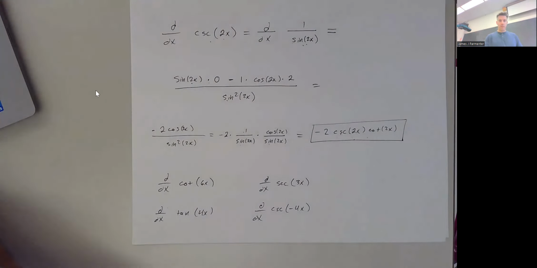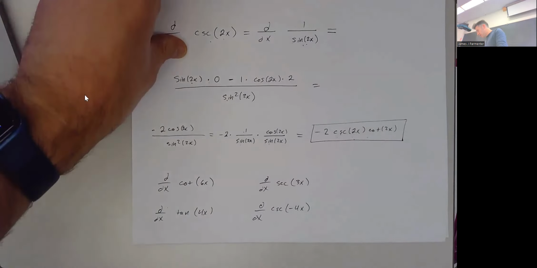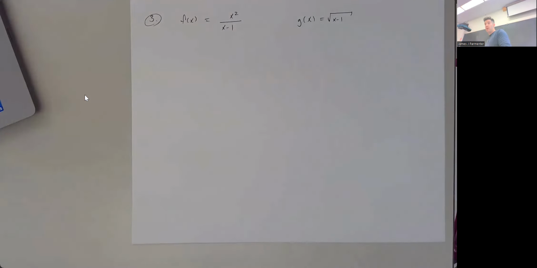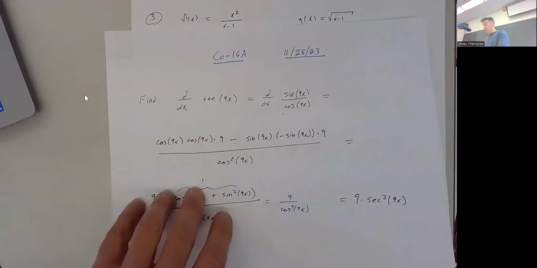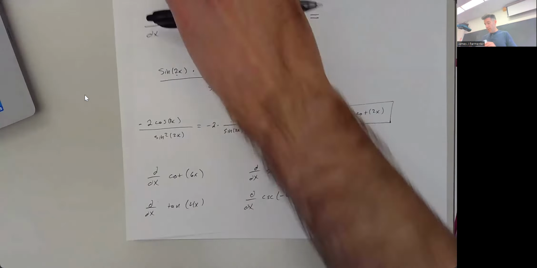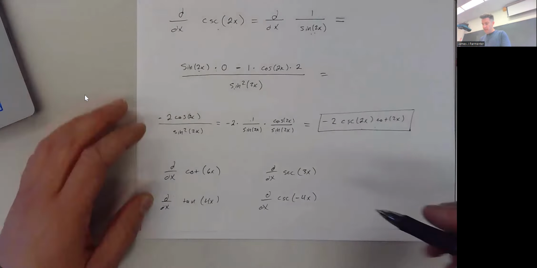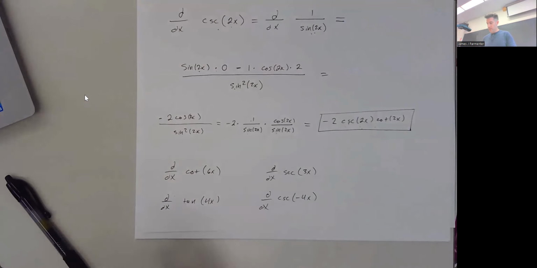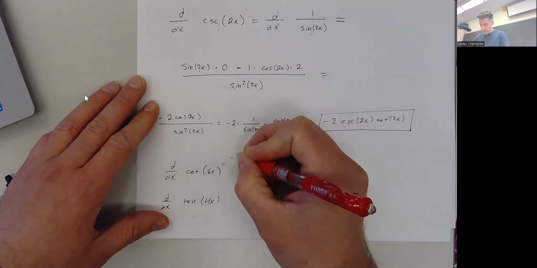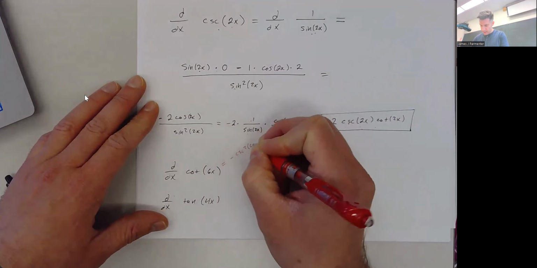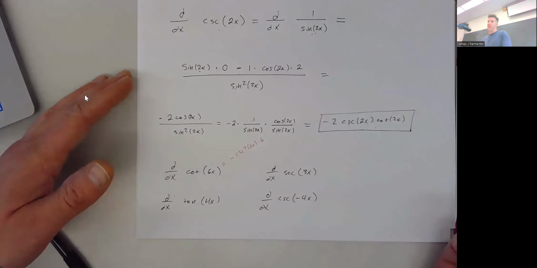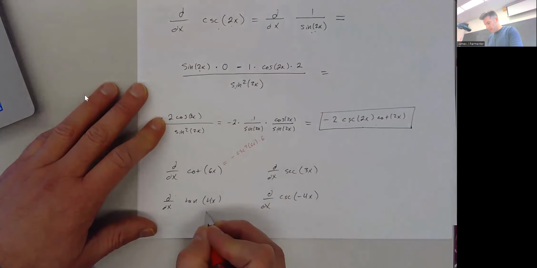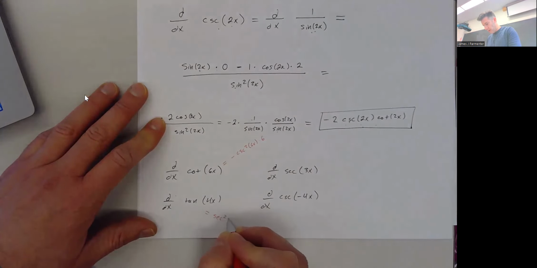Okay, I'm going to minimize this. Let's go ahead and look at question 3 here. So there's definitely something you're expected to know, but I will tell you, the derivative of cotangent of 6x is going to be negative cosecant squared of 6x times 6. You can write the 6 in the front, but I like to write it at the end. The derivative of tangent of 4x is going to be secant squared of 4x times 4.